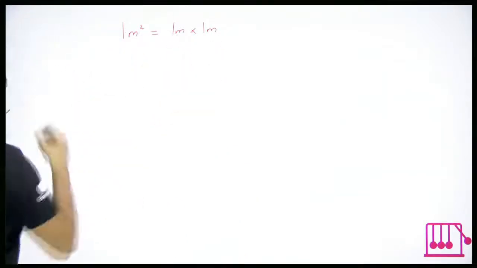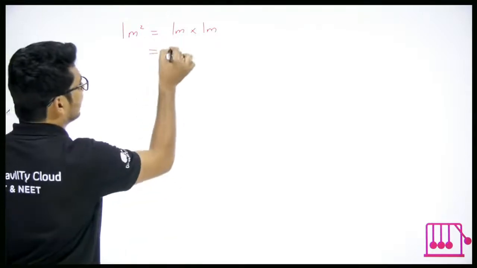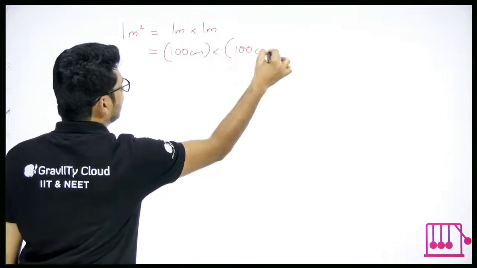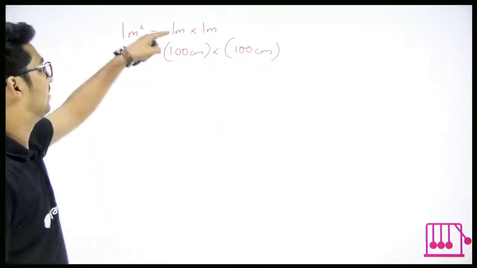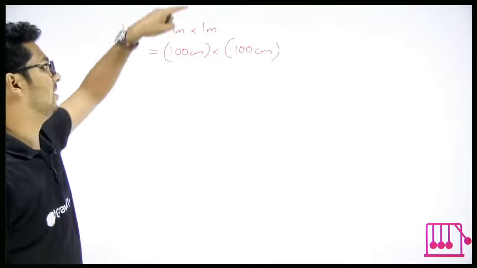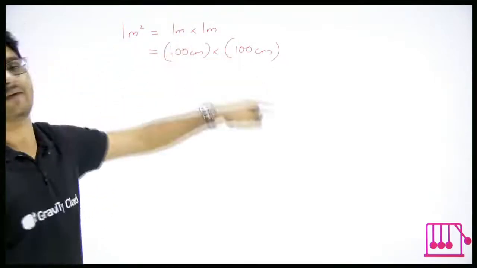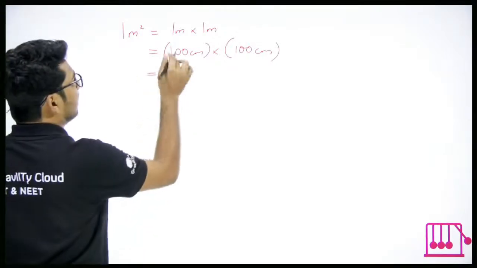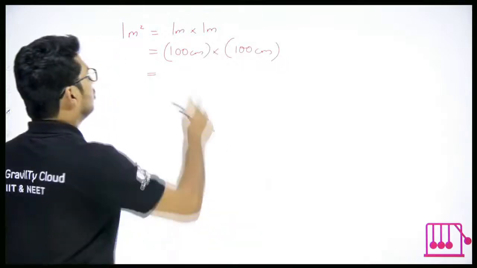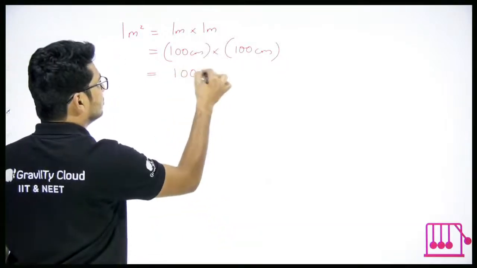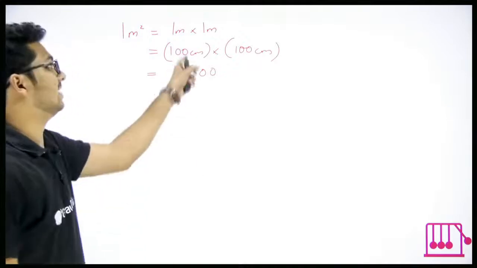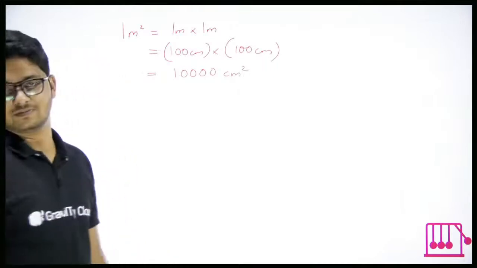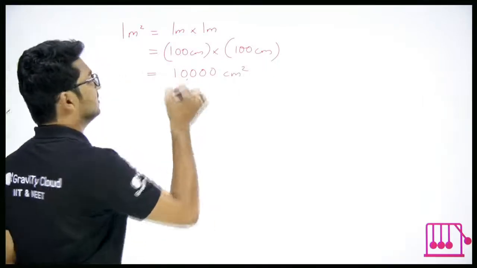But we know that 1 meter is equal to 100 centimeter. So in place of 1 meter, in both the places, I'll use 100 centimeter. You have it twice. Then 100 into 100. 2 zeros here, 2 zeros here, there are a total of 4 zeros, and centimeter into centimeter is going to be centimeter square.